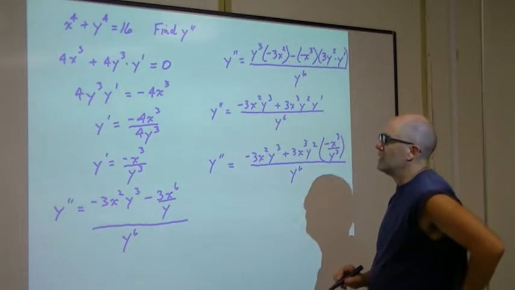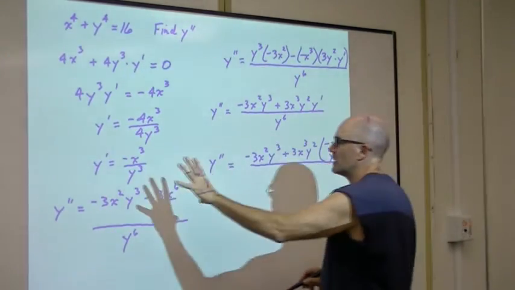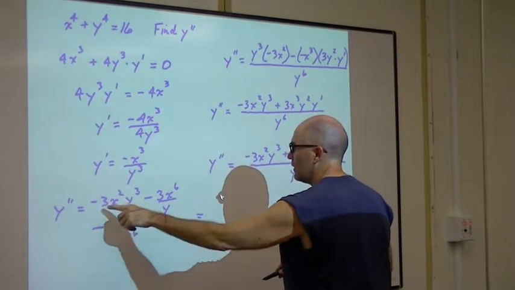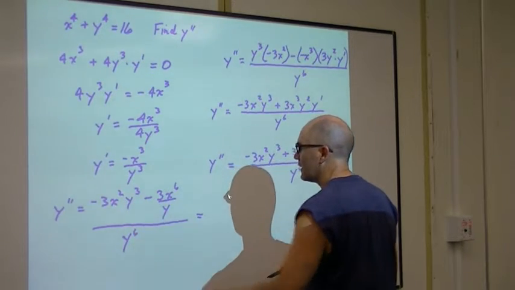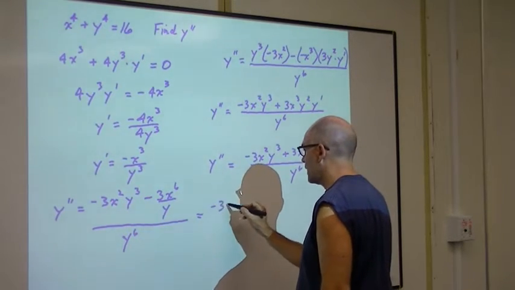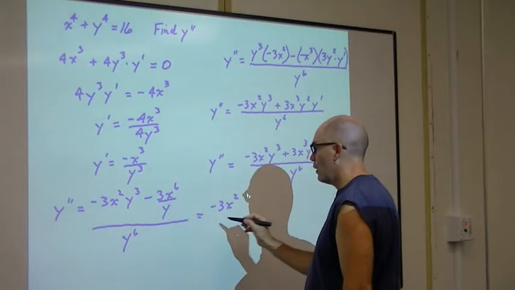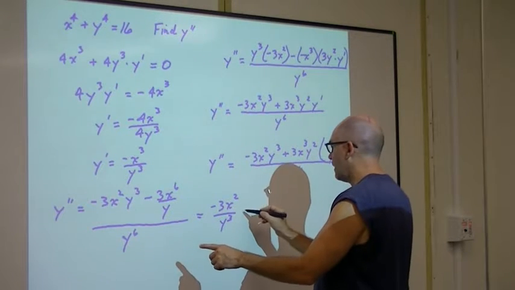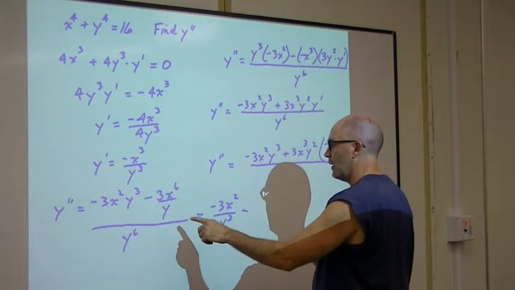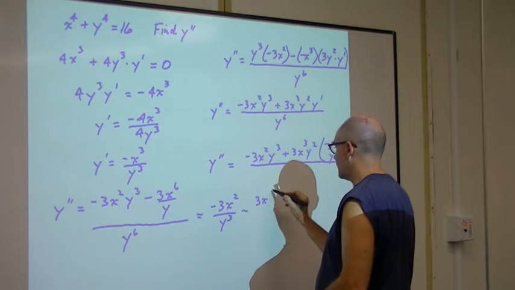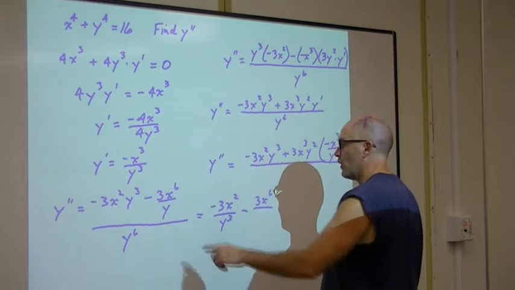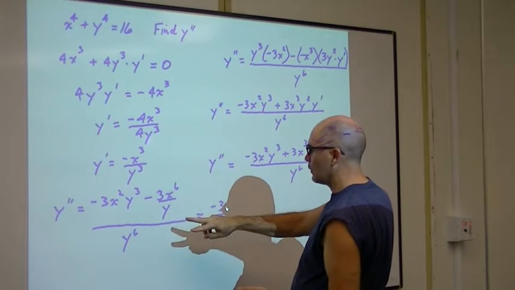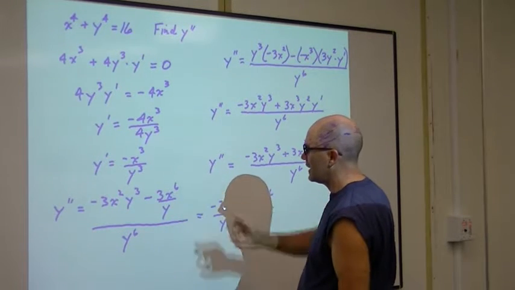Okay, now this is going to be easier to break up into two separate chunks. So y double prime equals, take the first chunk, negative 3x squared y cubed over y to the sixth, which is negative 3x squared over y cubed, and then minus 3x to the sixth over, if I flip the bottom and multiply, then I have 1 over y to the sixth multiplied here.